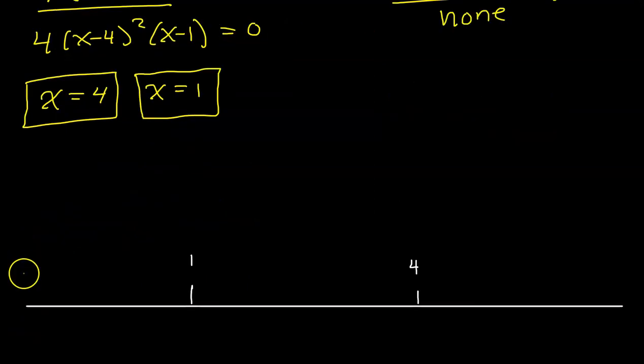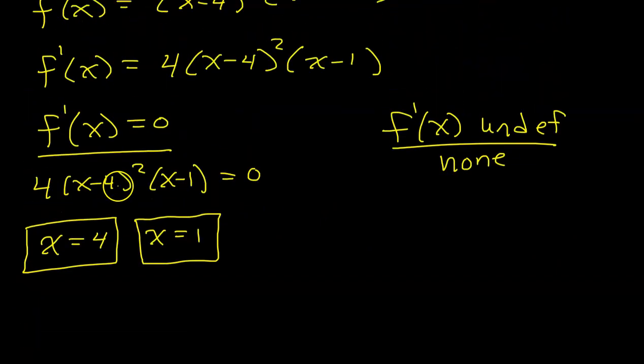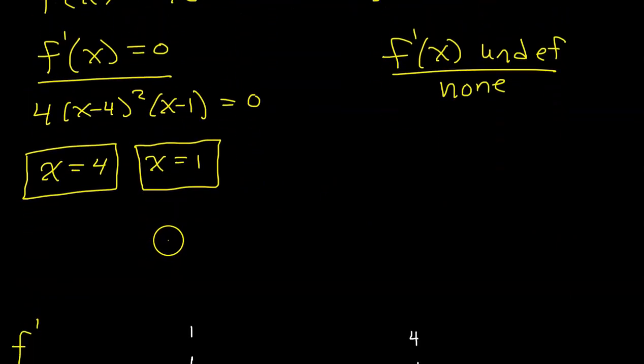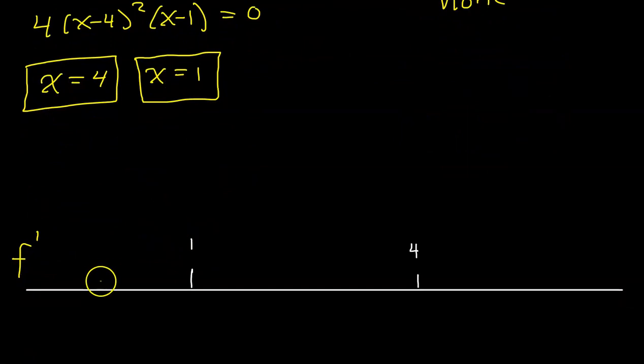So I have separated the number line into intervals using the critical numbers. I'm labeling this side of the number line as f prime to show that any calculations I do on this side of the line will be evaluations of the first derivative. So I need to pick test values.